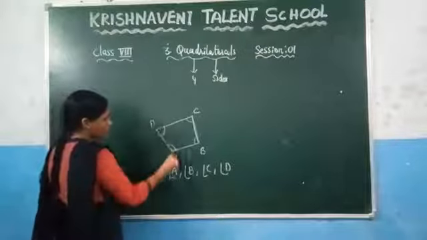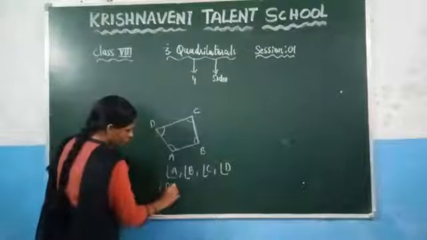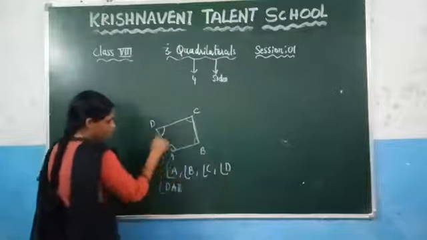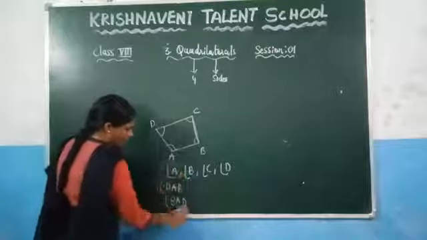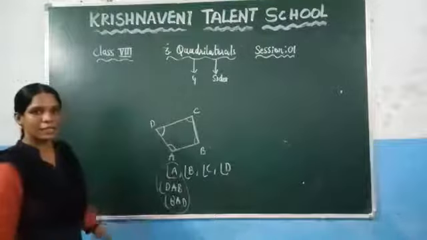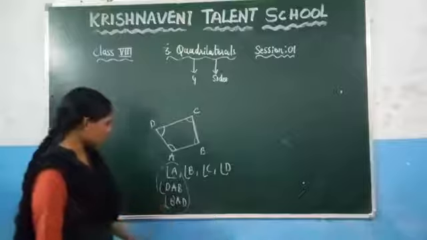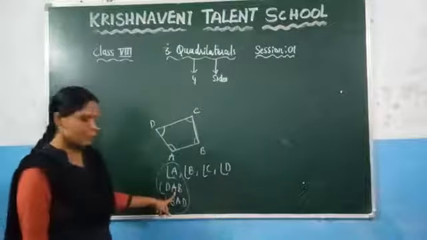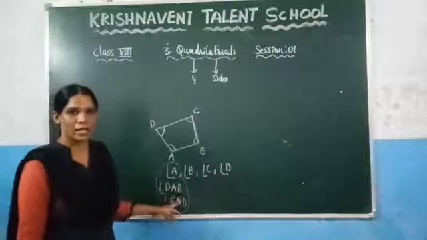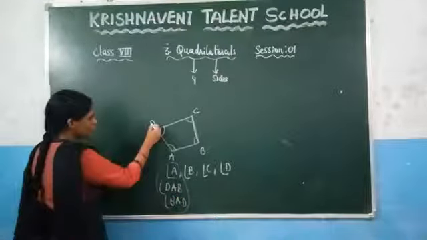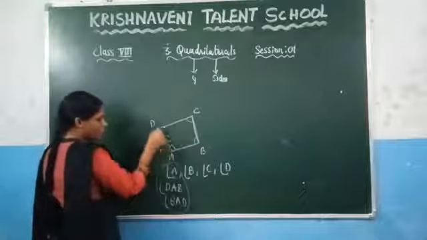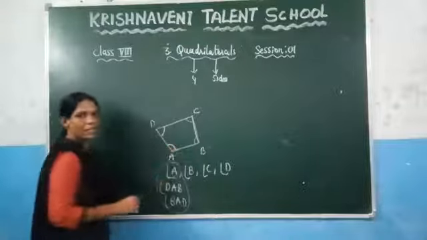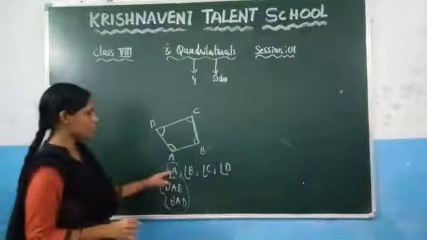You can write it as DAB or you can write it as BAD. Anything is the same, which represents the angle A. Just check here: A should be in the middle, which represents that we are talking about the angle A. So you can write this as angle DAB. Similarly you can write it as BAD or as angle A. Anything you write represents the angle A.